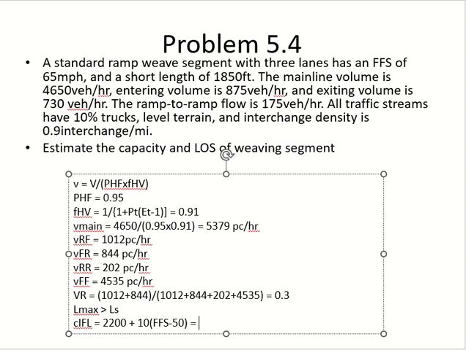This is the capacity of a basic freeway segment per lane. My free flow speed is 65, so the capacity is how much? 2350 passenger cars per hour per lane.